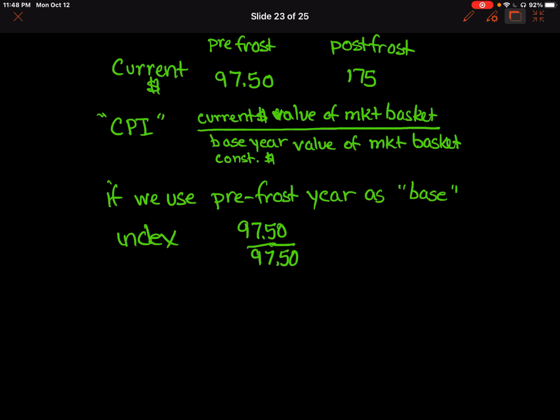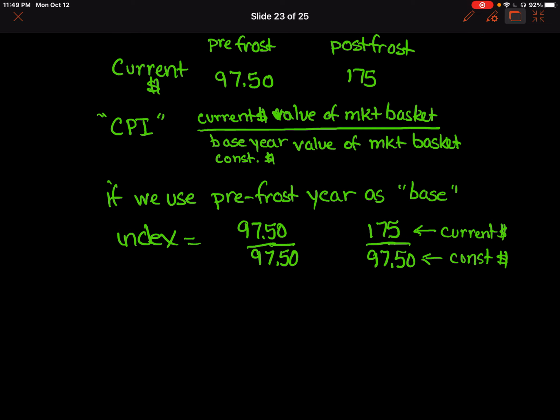So in the given year, the current and constant dollar prices are the same. Post-frost, this would be 175 divided by 97.50. So this is the current, and this is the constant: current dollar, constant dollar value of the market basket.